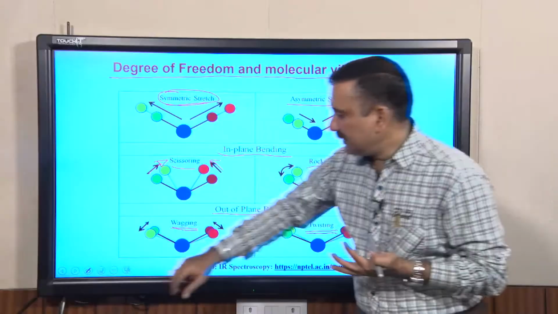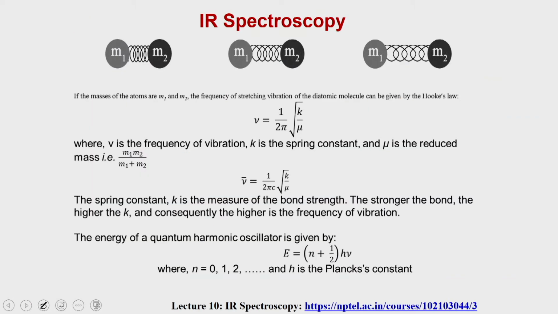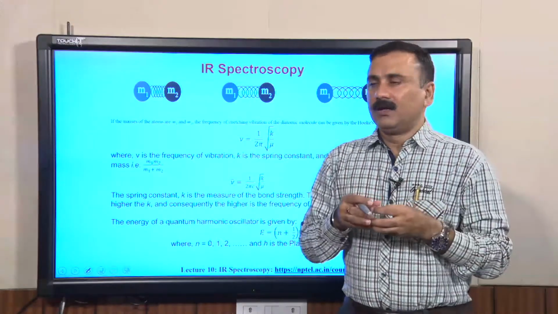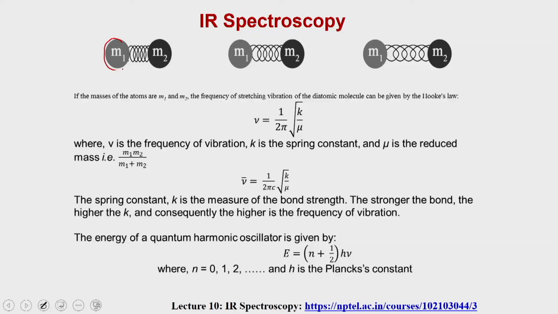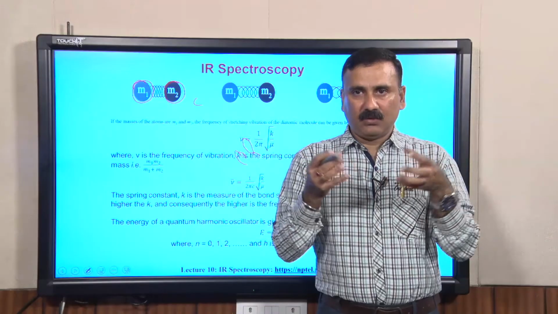You can imagine that if two atoms are connected to each other with a spring, one is called M1 and the other is called M2, having the masses M1 and M2, and they are associated with a particular spring.